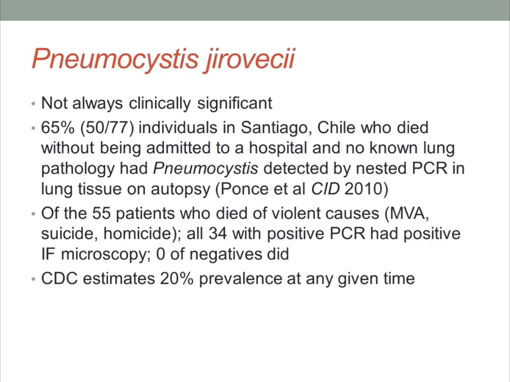A lot of them had the organism detected not only by PCR, but by immunofluorescent staining. So it's a potential commensal organism in the respiratory tract, and just isolating it from a sputum sample doesn't necessarily imply disease. You really have to have evidence of a pneumonia or risk factors for the disease.